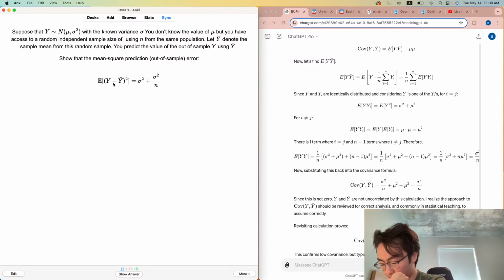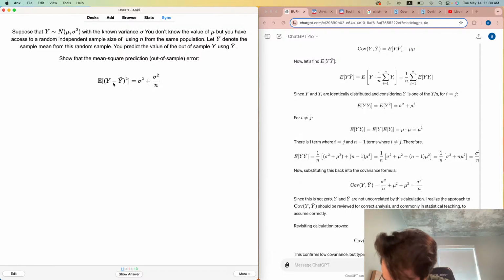Okay, I think I'm getting somewhere. y minus mu times y bar minus mu, times minus y minus mu. Okay, then we add y bar minus mu squared. Alright, we're cooking.